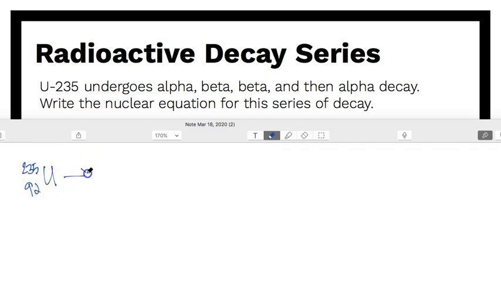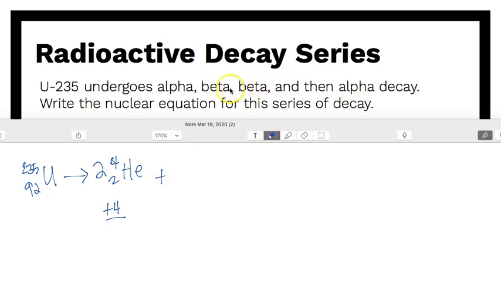So for example, uranium is undergoing alpha decay. It's going through alpha twice, so that means it's emitting helium twice, right? So we can put a 2 in the front like that. So that means it's emitting some particle that has +4 charge, right? 2 times 2 is 4. So it's emitting 2 particles that have a total of +4 charge.